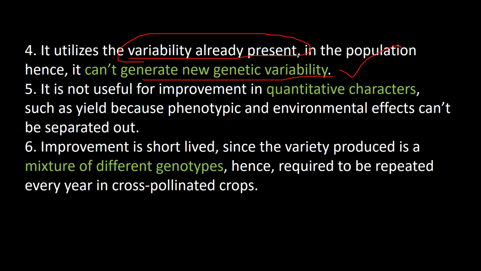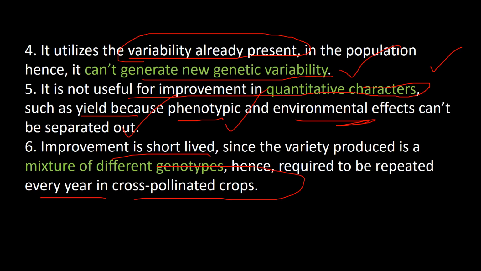The fifth point is that it doesn't bring improvement in quantitative characters such as yield, size of the flower, or size of the fruits produced, because the phenotypic and environmental effects cannot be ruled out. The last thing is that the improvement is very short lived, so you need to repeat it next year in cross-pollinated crops, because they have a variety of different genotypes. So these are the disadvantages that mass selection poses when compared to pure line selection.